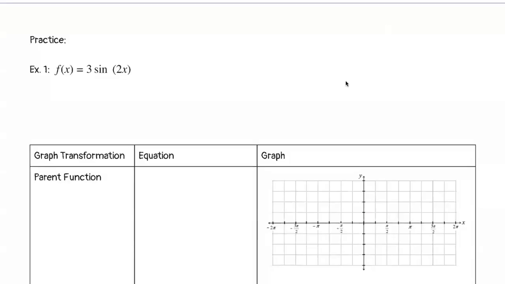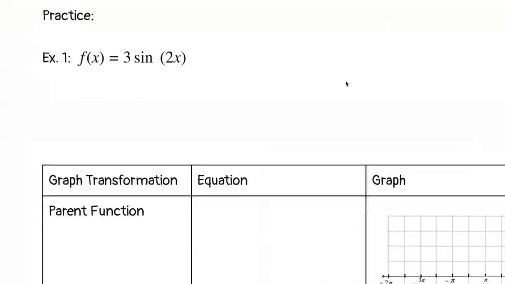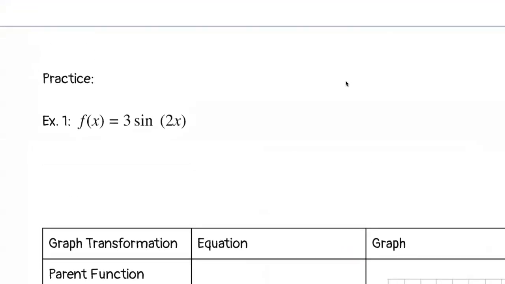Great. All right, so in example 1, we have f of x equals 3 sine of 2x. Of those numbers, we want to think about, do we have a C? Do we have a B? Do we have an A? Do we have a D?